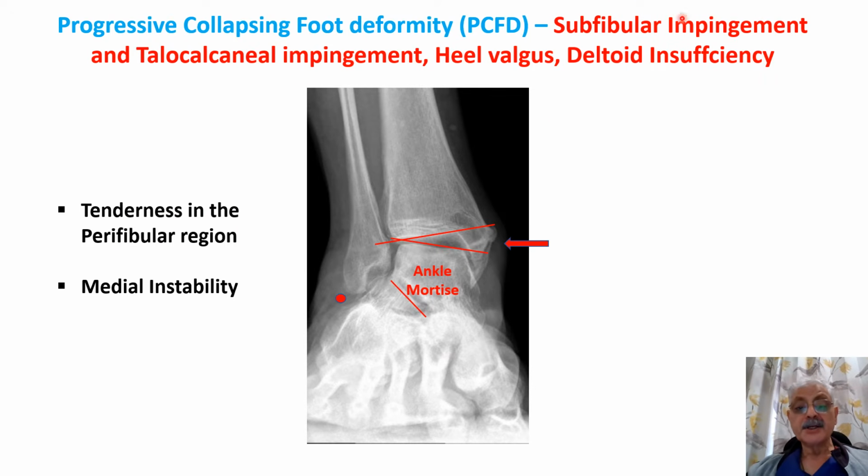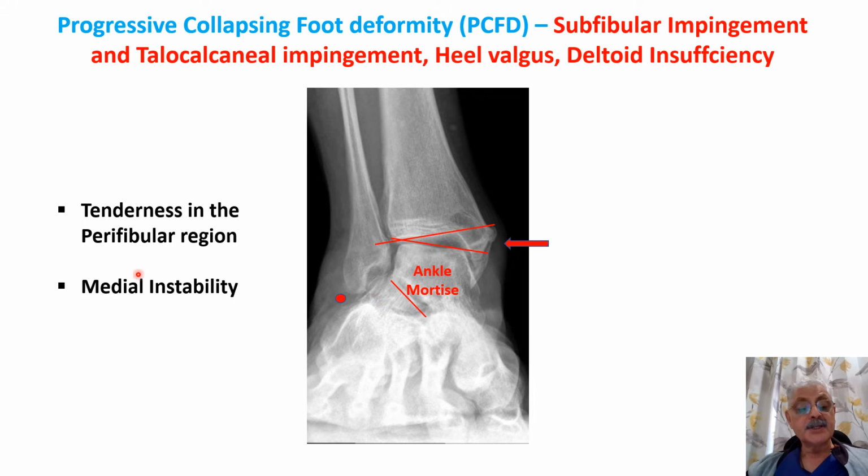Subfibular impingement, talocalcaneal impingement, and deltoid insufficiency are other components of the flat foot deformity, and the impingements can be appreciated by tenderness in the perifibular and the subtalar region.